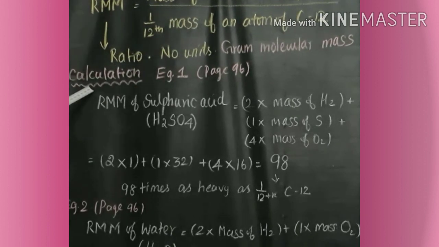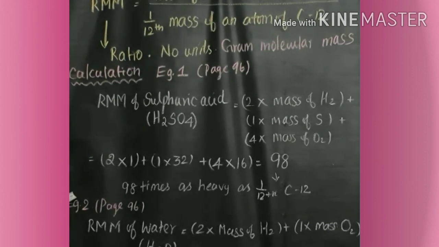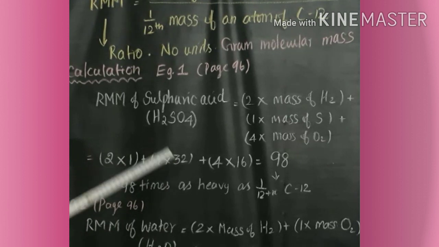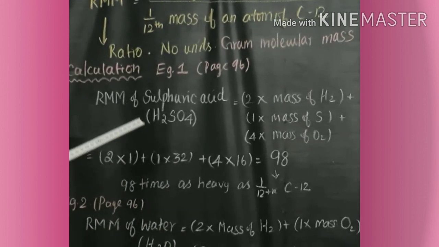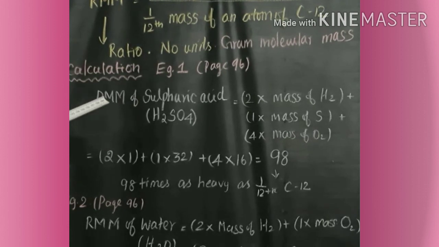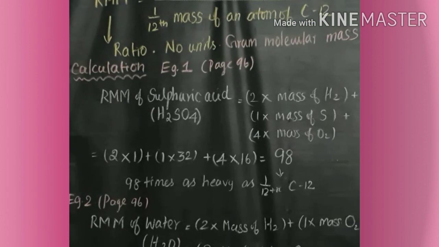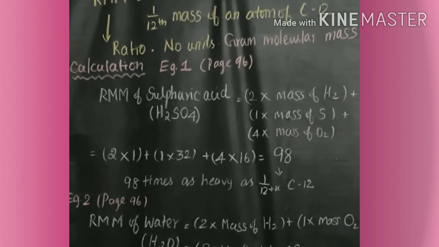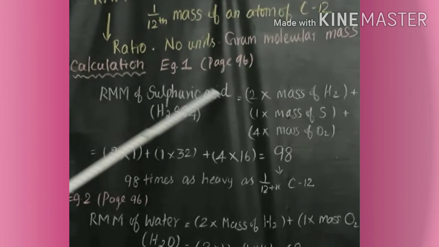Now move on to the calculation. In your book, page number 90, two examples are given. I want to explain these two examples. It is a very important and also easy thing. So see the question. In example 1, what is given? Take your book. The relative molecular mass of sulfuric acid is to be calculated. How will you find the relative molecular mass of sulfuric acid?